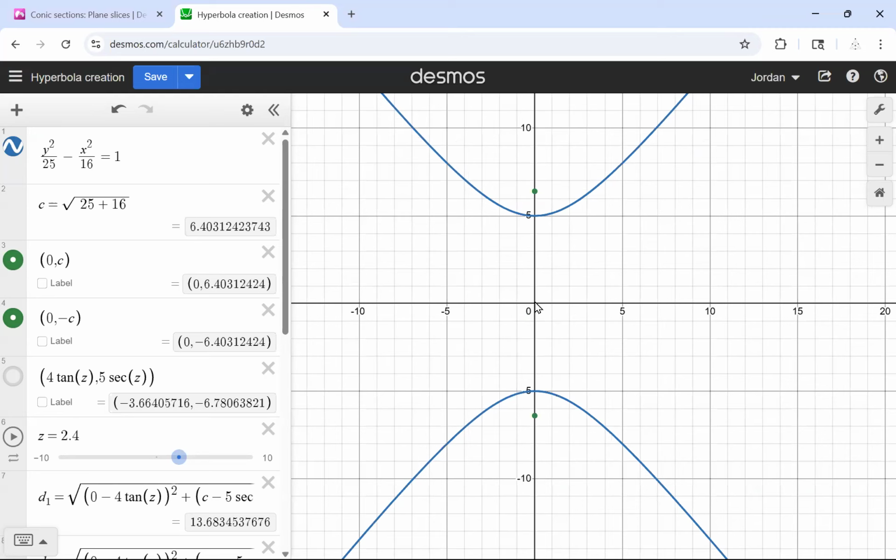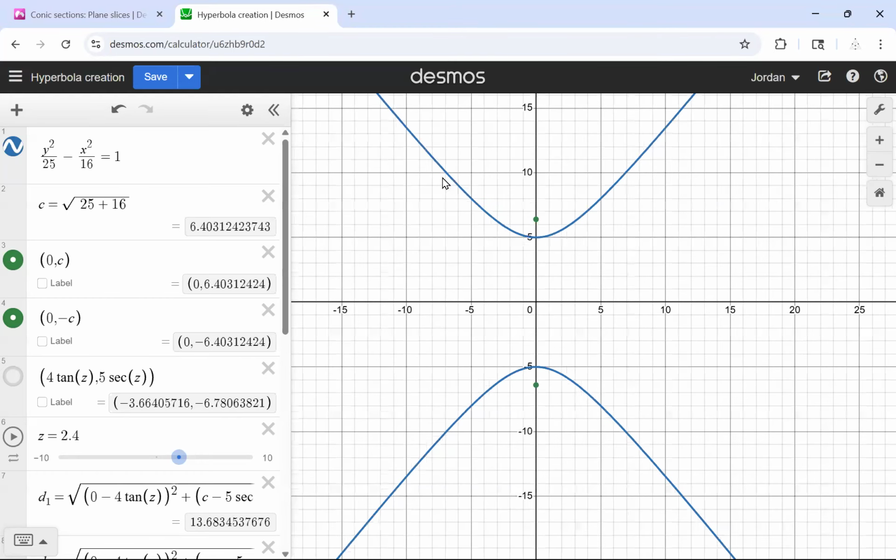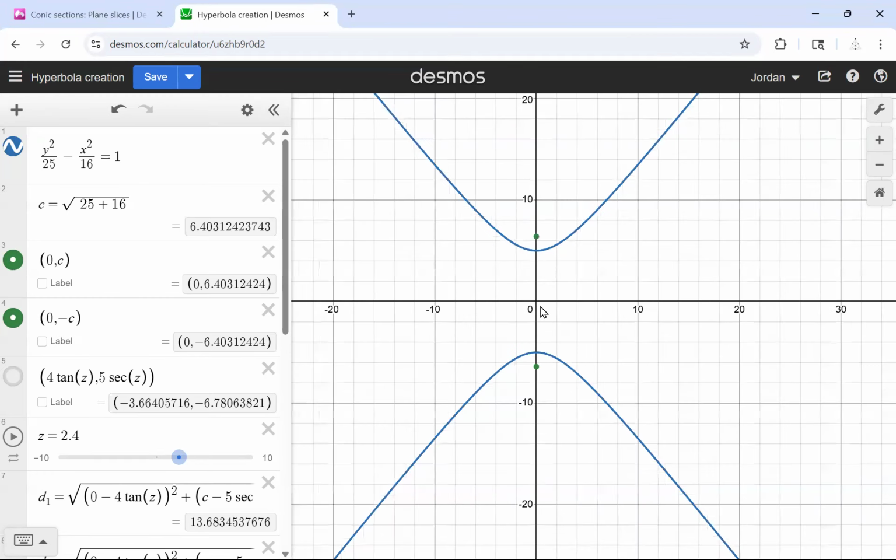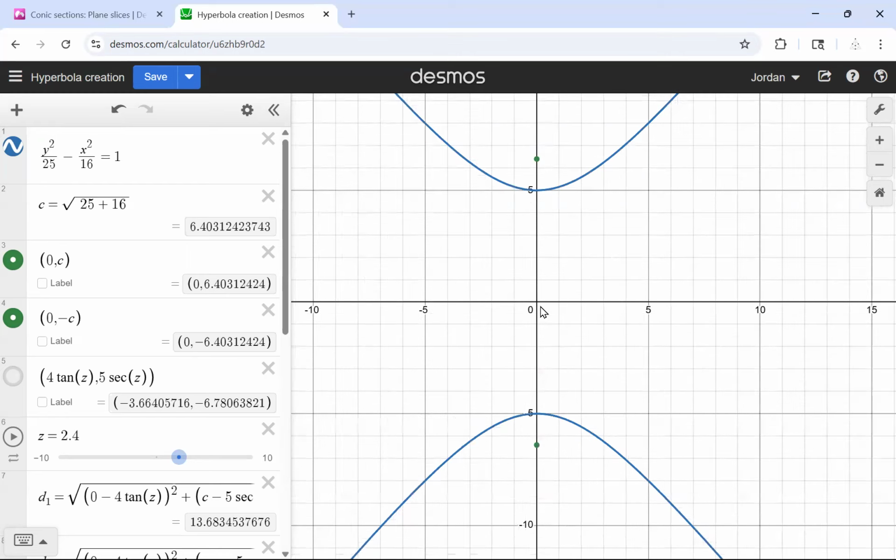Now, first off, I want to point out that since the y part is the positive part, this hyperbola points up and down. We have vertices of (0, 5) and (0, -5).